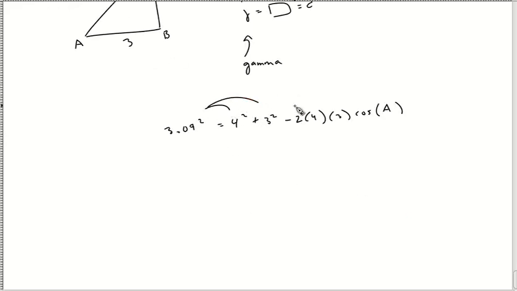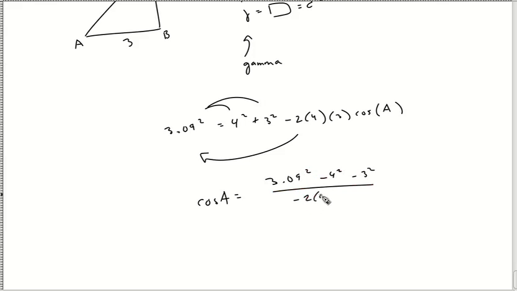Move it over, divide, and so cosine a is equal to 3.09 squared minus 4 squared minus 3 squared all over negative 2 times the 4 times the 3. Oh, and then how do we get a by itself is an arc cosine. 49.92205.